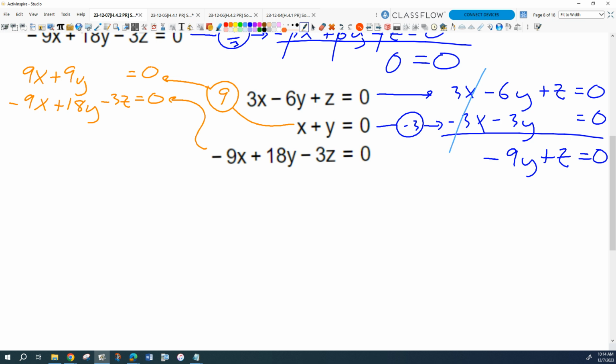If we add those up, we get 27y minus 3z equals 0. But if I divide everything by 9 there, don't I just get that equation? If I divide everything by 3, this is going to give me the same as that.